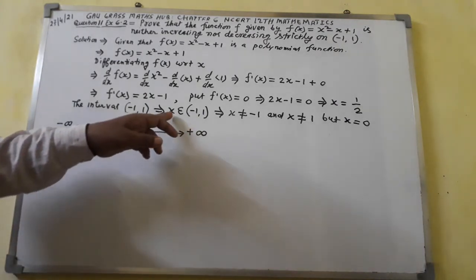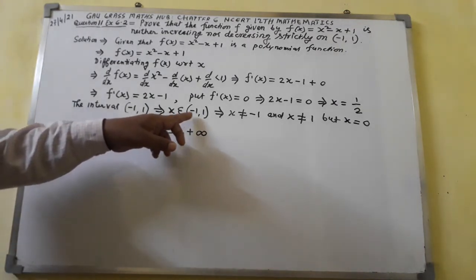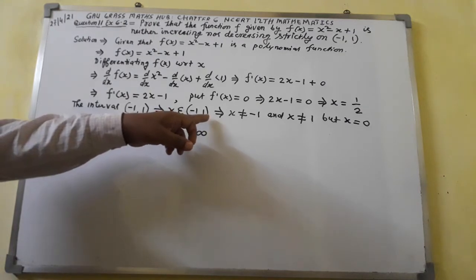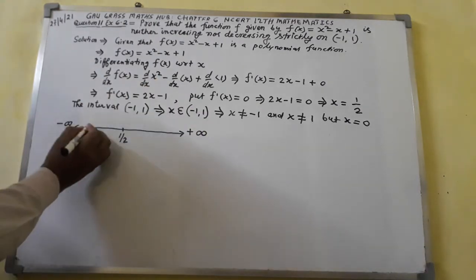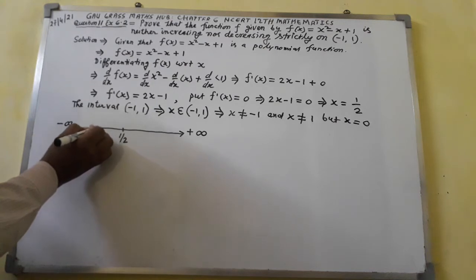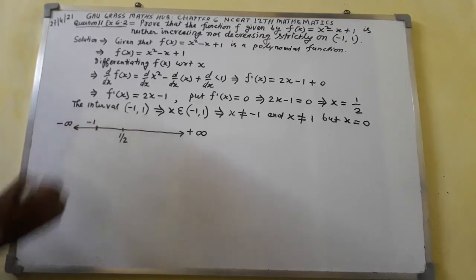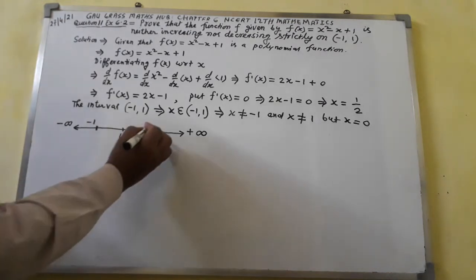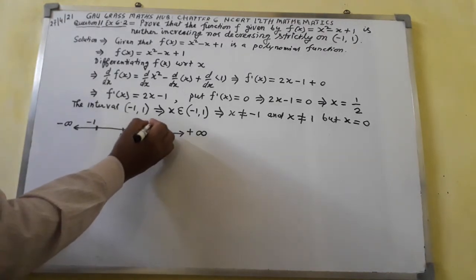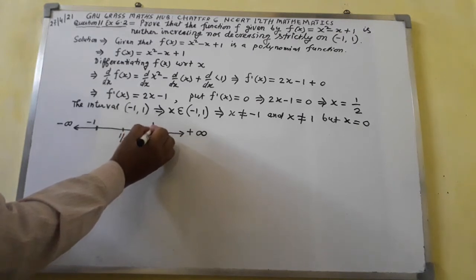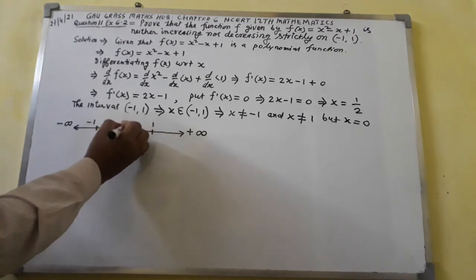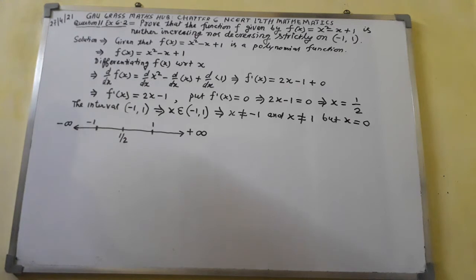Here also x belongs to the open interval (−1, 1), so −1 will come at this place, and 1 I shall locate at this place. This is the indication on the real line I have done here.